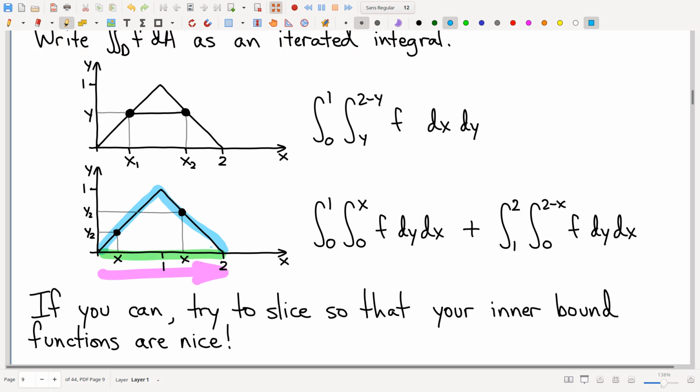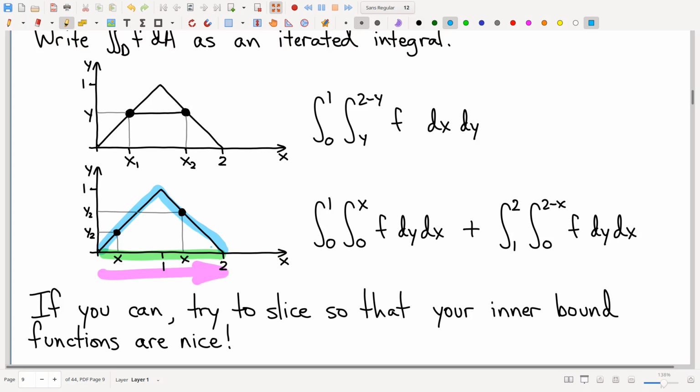And here's where the problem starts to show up. I know I'm going to need to write down the equation of that curve and that curve. And wait a minute, I don't have an equation for this. There are two equations: the equation for this part over here, and the equation for that part over there. They're different equations. So I can't really do it that way.